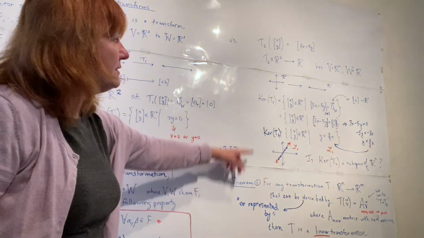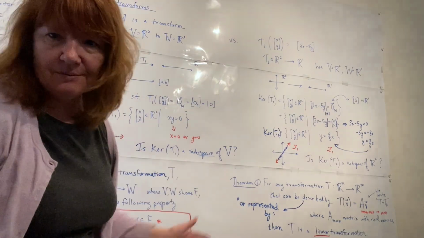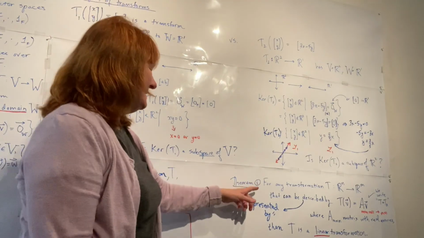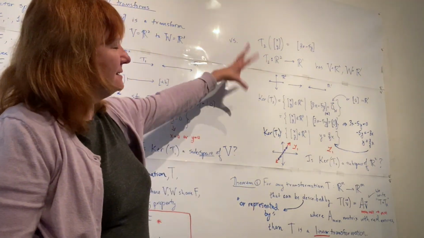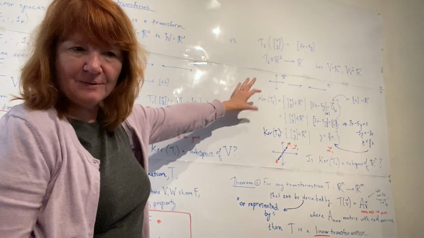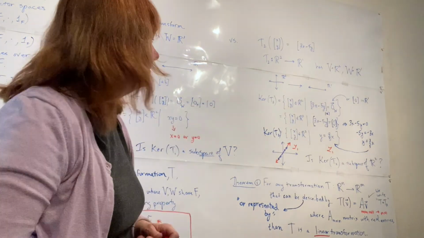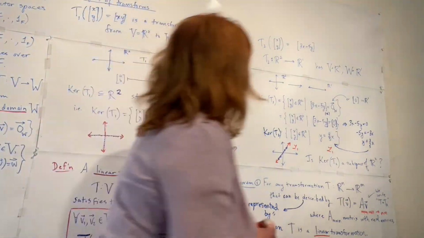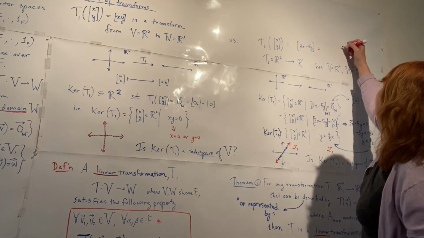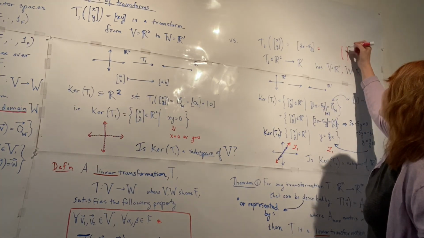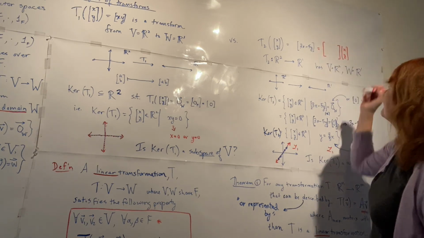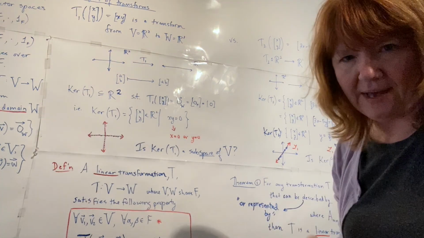Well, stop the video and do it yourself, but when you come back, you could use this theorem if you can show that this transformation can be written using matrix multiplication. And it looks pretty linear, doesn't it? That's the same thing as multiplying x, y on the left by what matrix? Stop the video and fill that in.